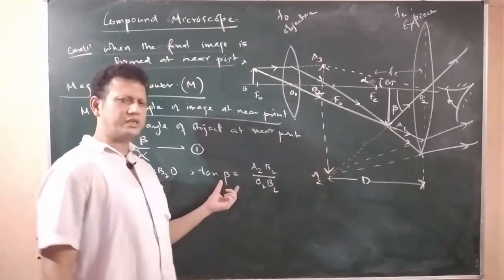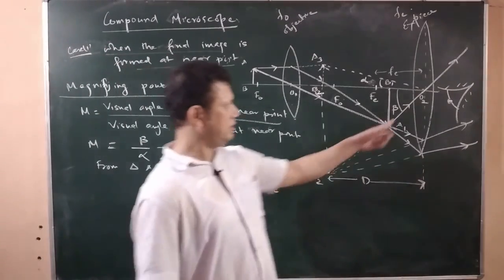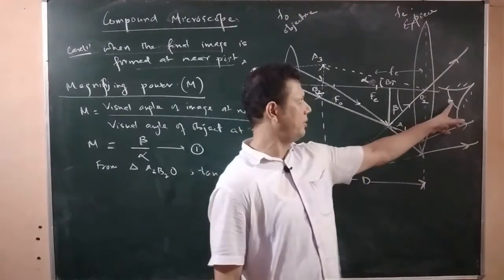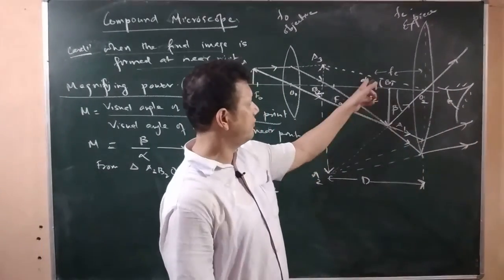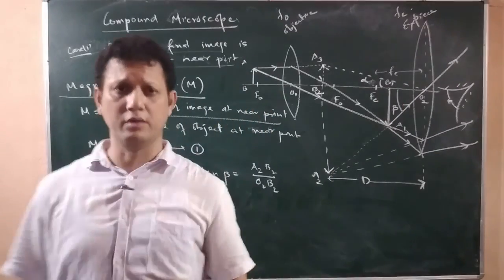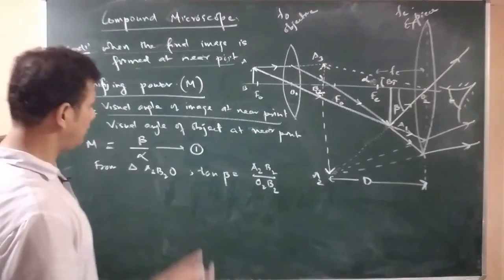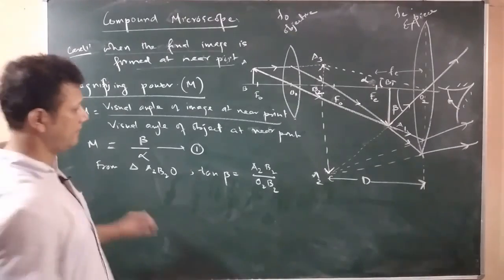Again, beta is very small, because all this refracted ray has to enter into the pupil. It can enter into the eye only when the angles alpha and beta are very small. If these angles are very small, then only those rays can enter into our eye.